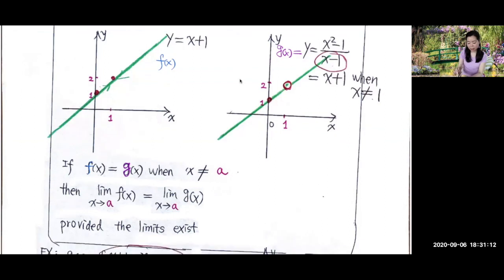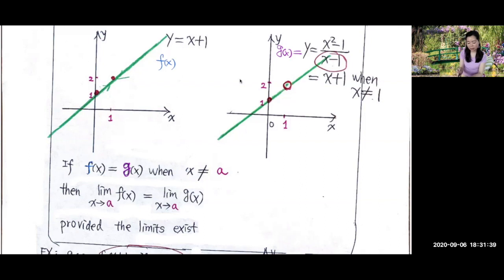Then what happened over here is when x approaches 1 from both sides, this function here goes to, say, 2. And when x approaches 1 from both sides, this function here also goes to 2. Both this function and this function will have the same limit at 1.